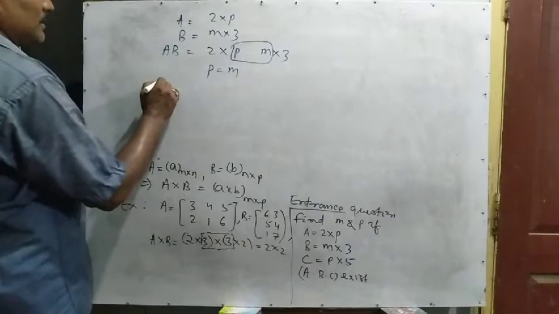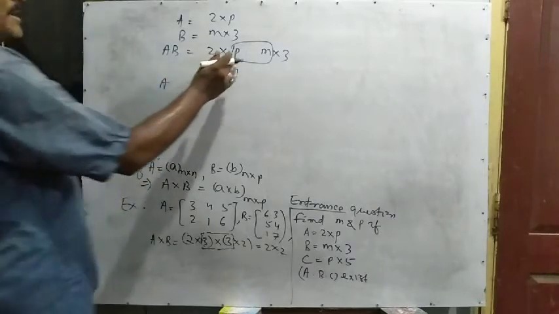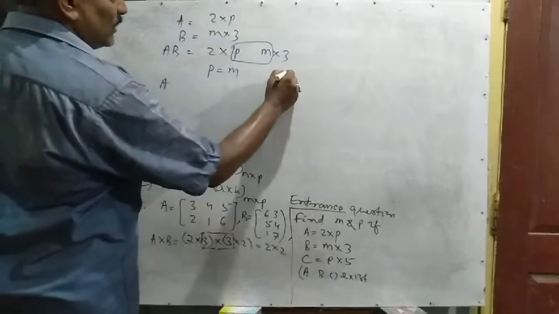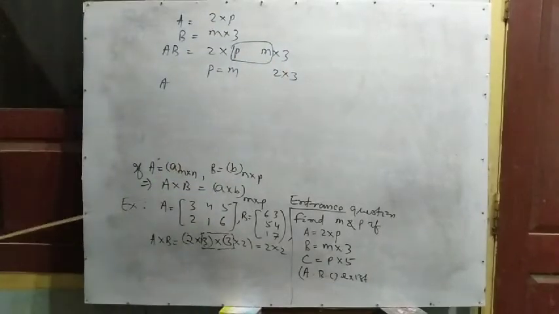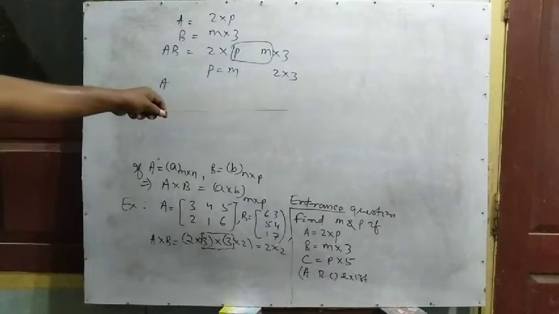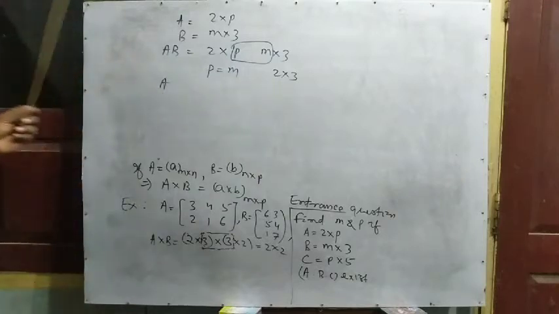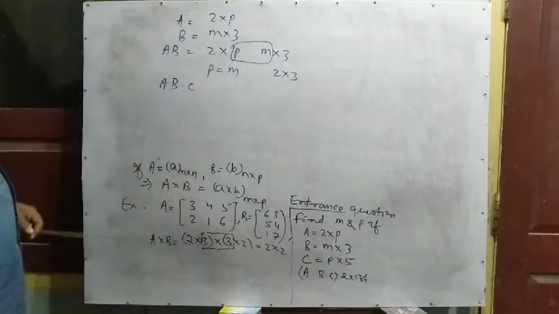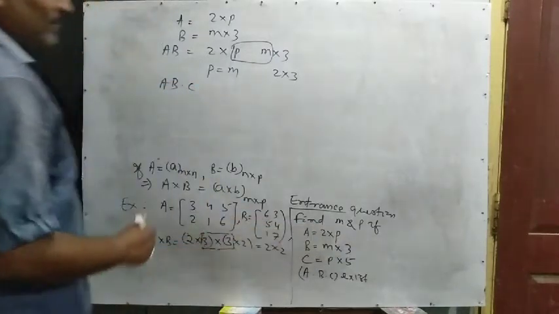So after multiplication, what will we get? A 2 by 3 matrix. AB equals 2 by 3. Now AB multiplied with C, where the order of C is P by 5.